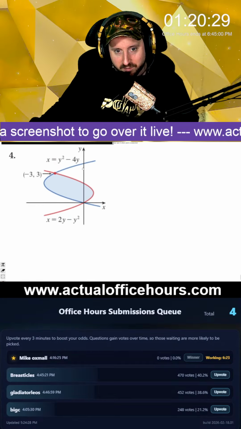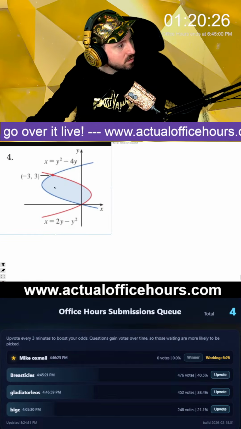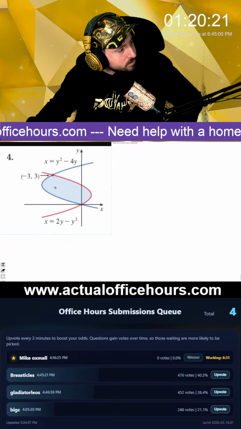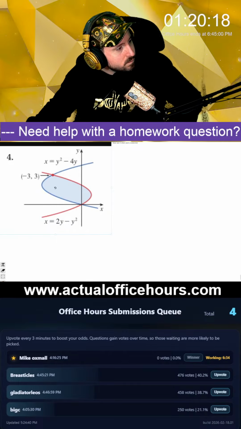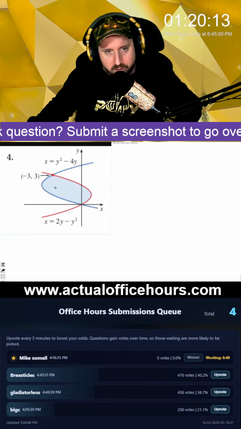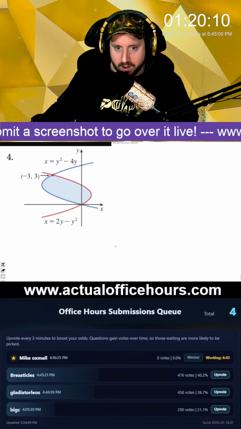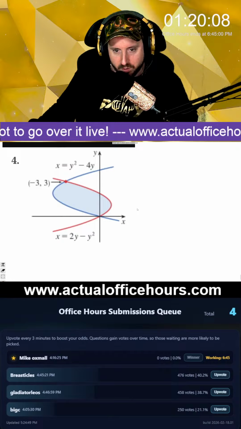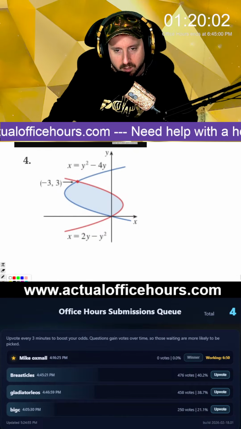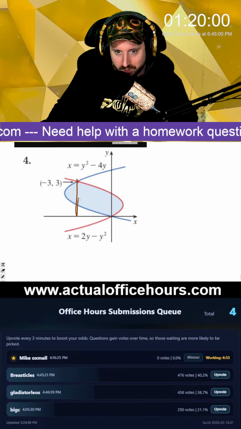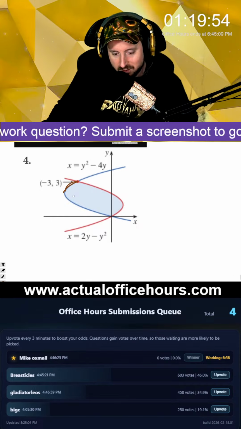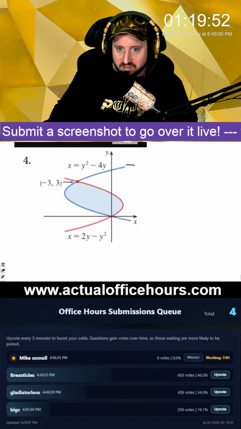Okay, because I think they just needed to find the area of this. Is that what the question was? Set an integral, find the shaded area. Yeah, okay. So this is a case where if you're trying to find the area between two curves, you usually need a top function and a bottom function. The issue here is that when you're looking at it this way, the top function is the bottom function, because this isn't a function.